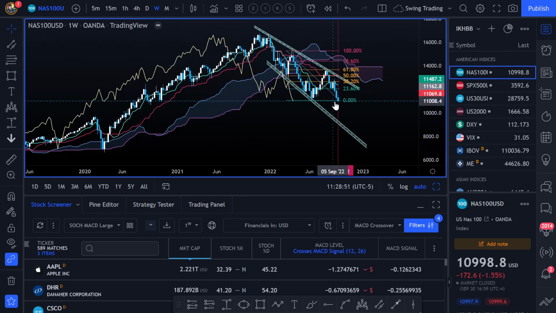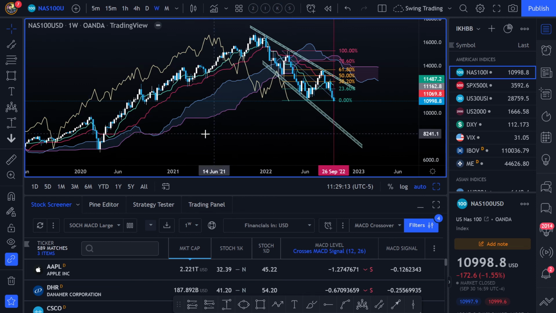Because if the Nasdaq 100 is not able to keep this level, I think the target is either this support trend line or the previous high back in February 2020.